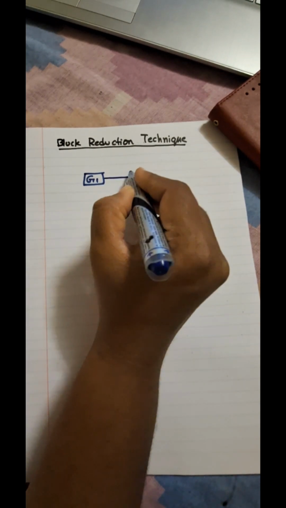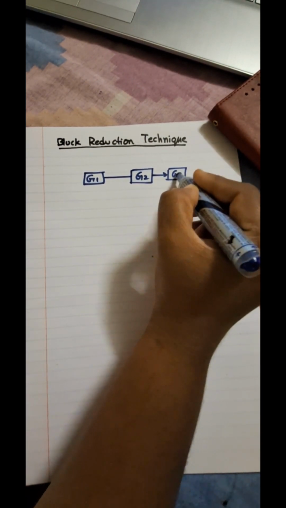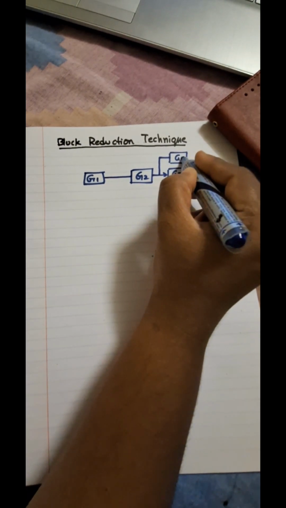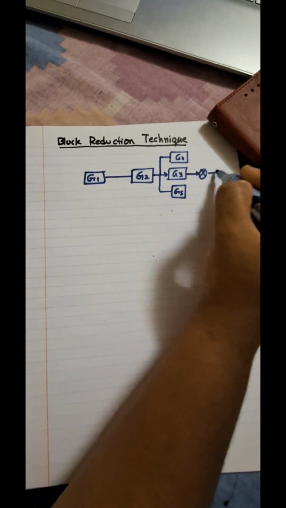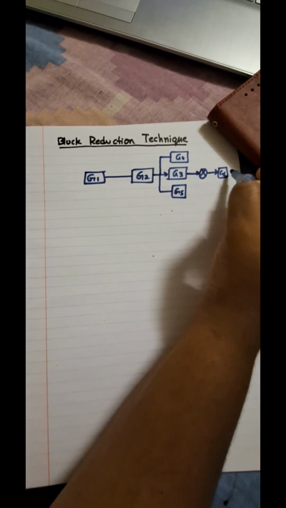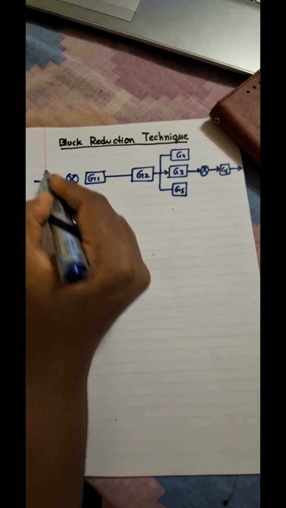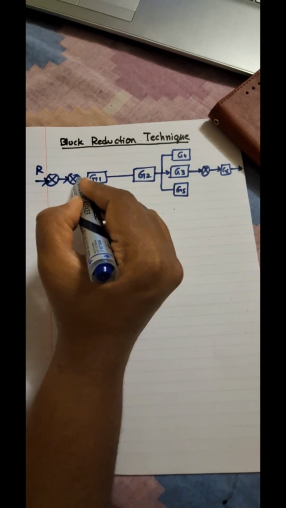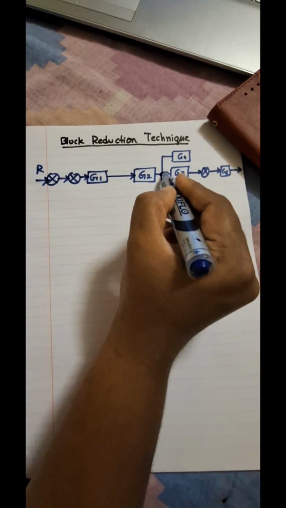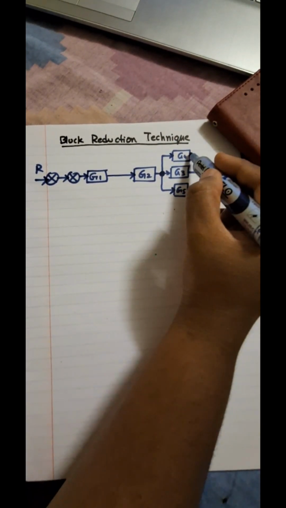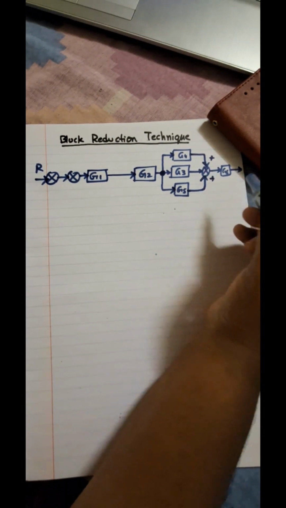Okay, so G1. Then there is another block called G2, and then G3, G4, G5, G6, so R. Everything is a forward direction, and here there is a node with 3 forwards, and G4 is going to this summing point, G5 is going to this summing point, and here the symbols were given as positives.